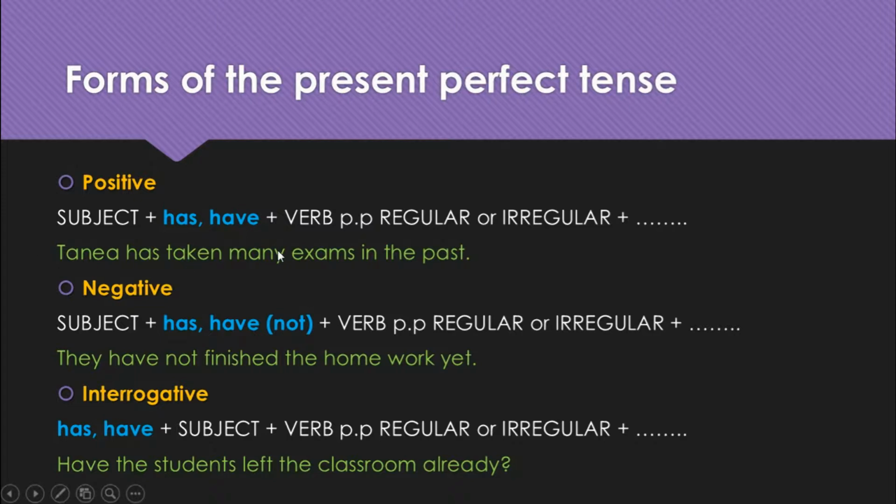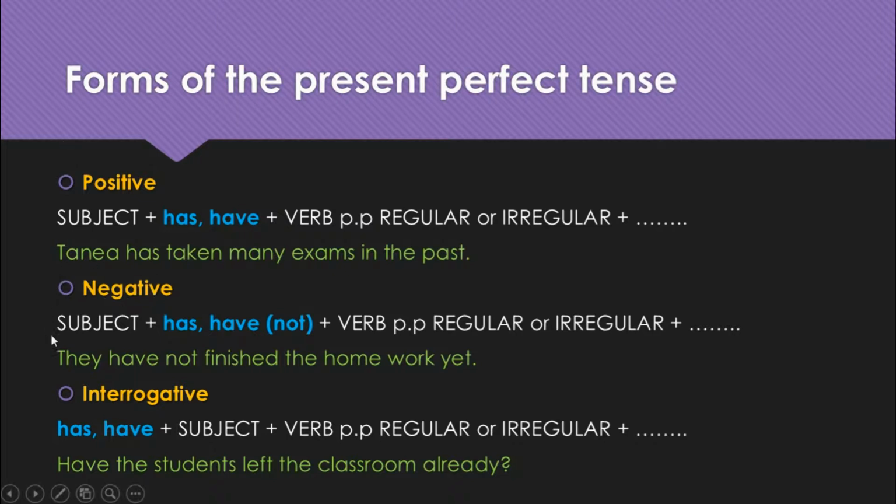Past simple focuses on one event from the past, right? But present perfect tense focuses on the overall experience or duration of impact of one event, right?